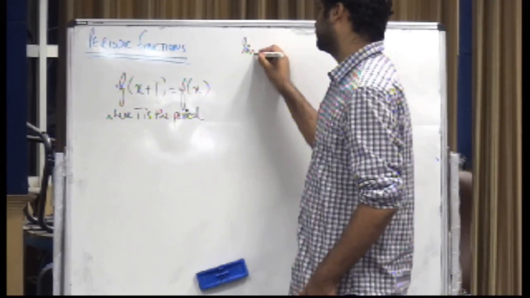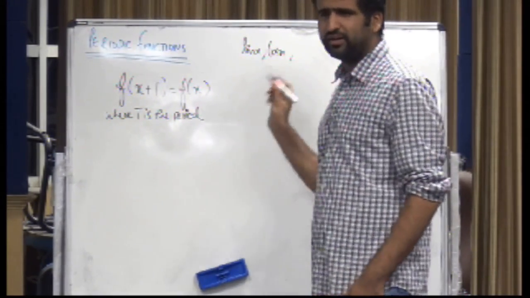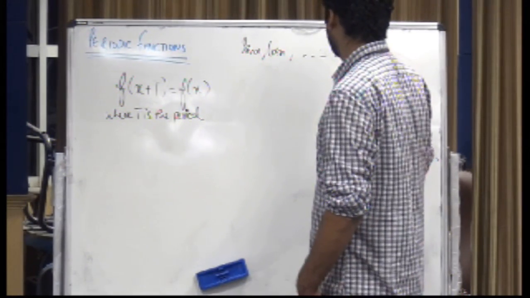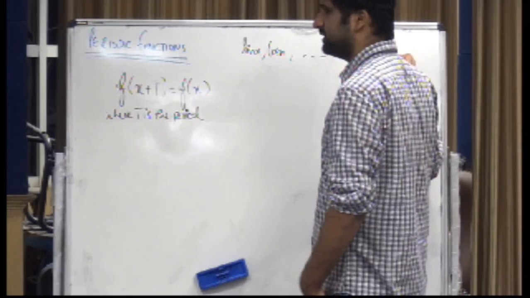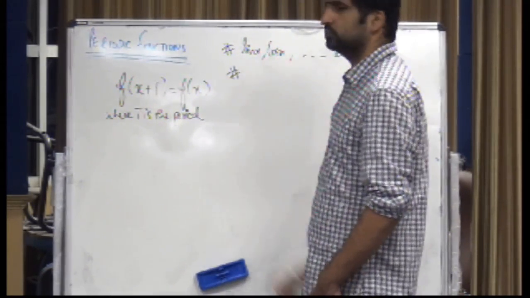Some very common examples are sin x, cos x, tan x, all trigonometric ratios. Any other examples you can think of? Anyone?